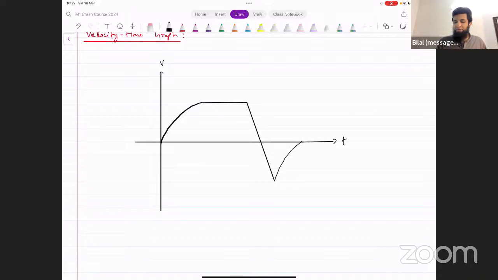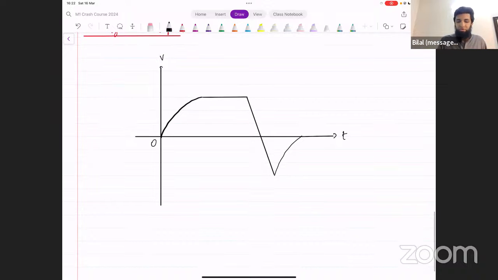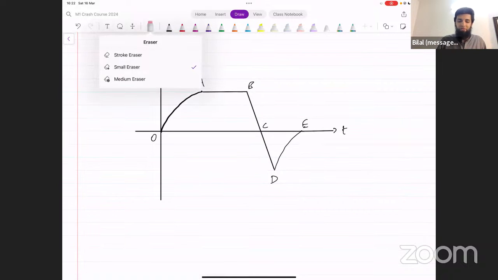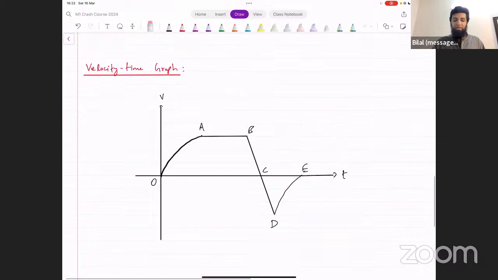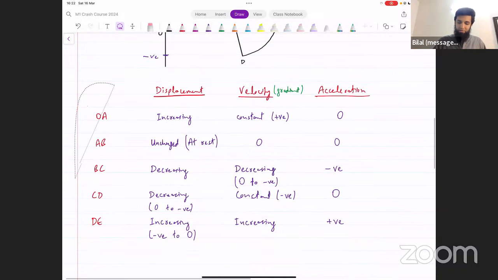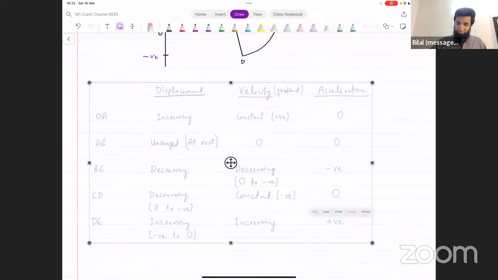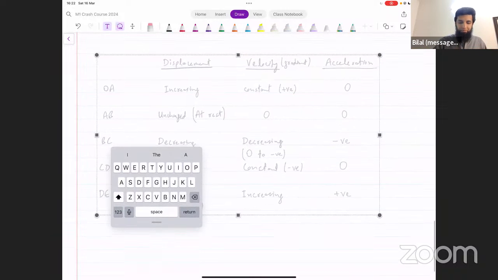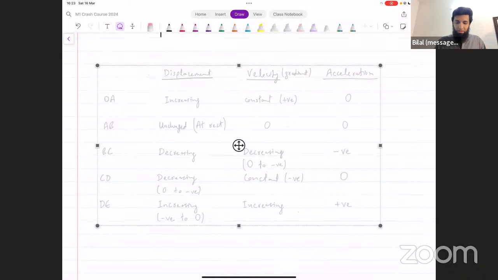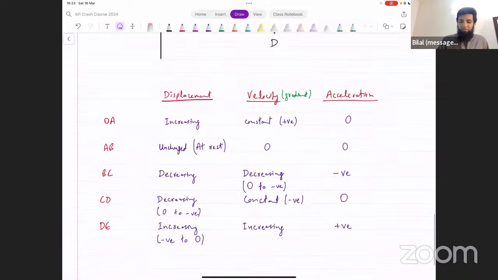Let's try to understand different parts of this graph now. It's starting from the origin. Let's say this point is O, and then we have A, and then B, C, D, and E. Again, let's try to understand what's happening in each of these parts: OA, AB, BC, CD, and DE.